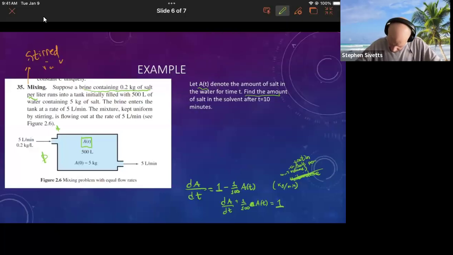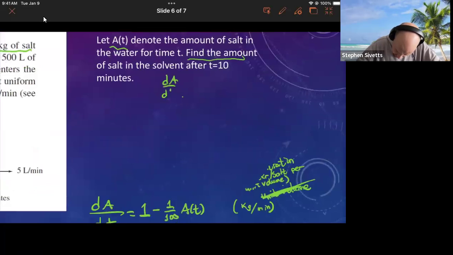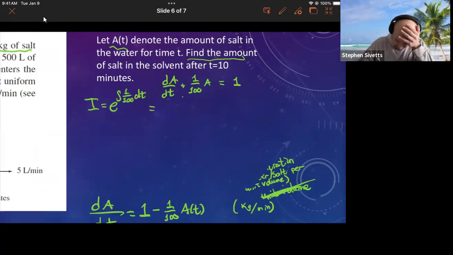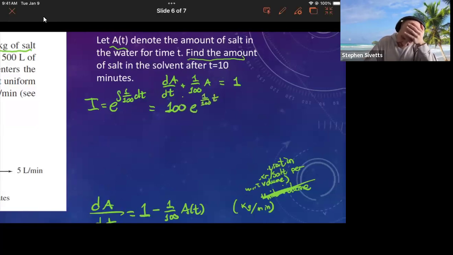So the integrating factor would be e raised to the integral of 1/100 dt, which is 100 e to the t. So that's the integrating factor.